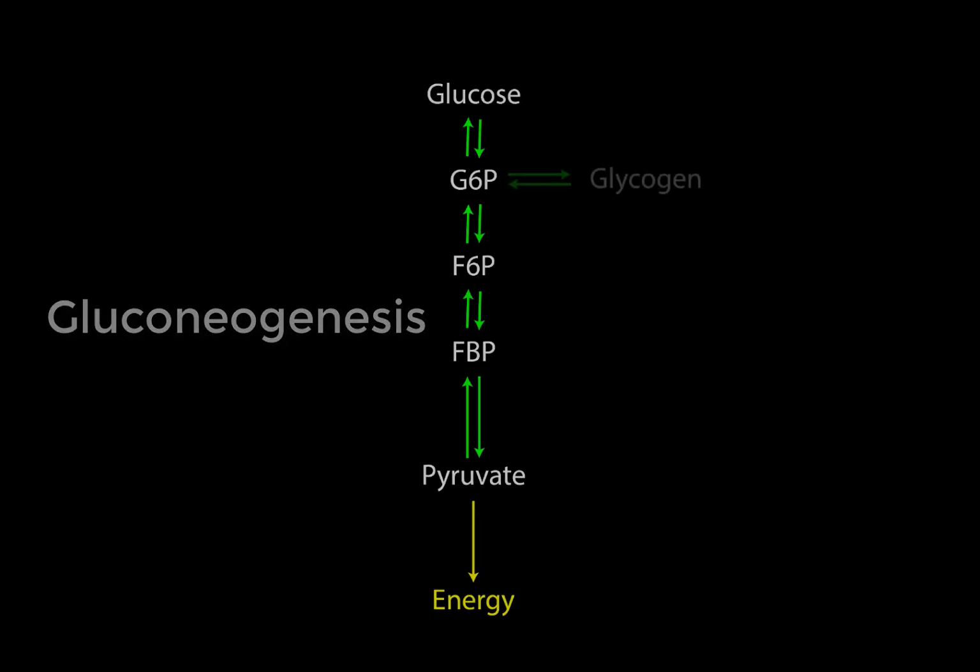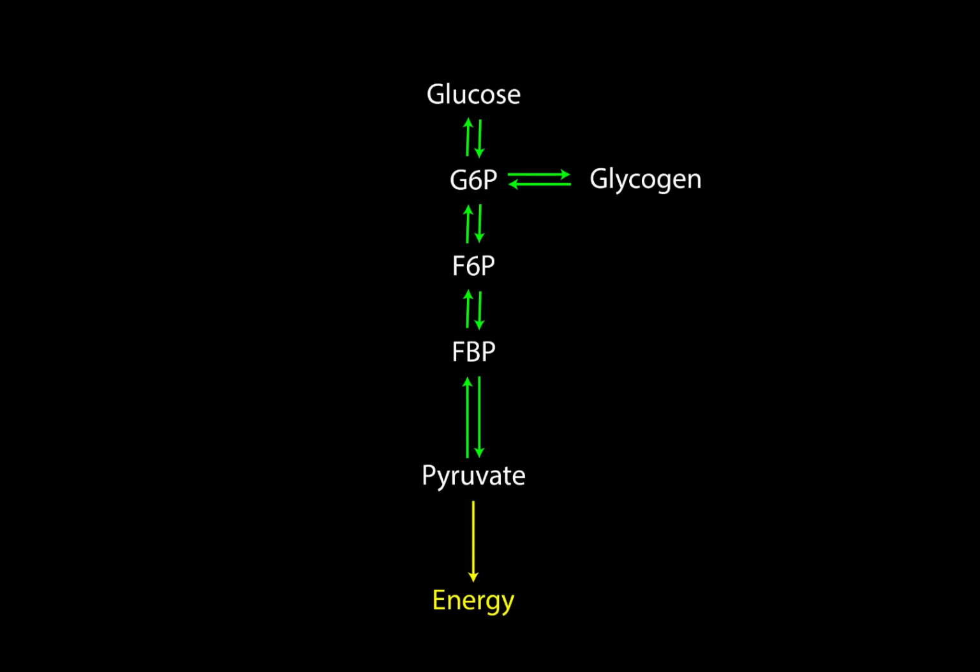We mentioned earlier that glycogen is able to be synthesized and that will store glucose. The synthesis of glycogen happens as a branch off of glycolysis, and it starts at glucose 6-phosphate. And depending on the energy status of the cell and the sugar status of the blood, we may want glycogen synthesis turned on, but we also may want it turned off.